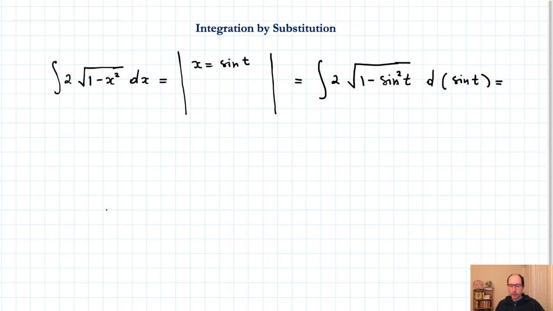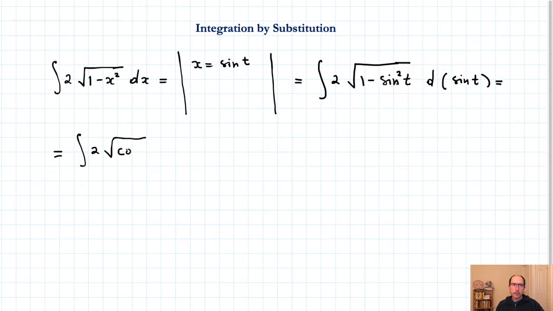And this is where you will begin seeing why this substitution is potentially a good idea. By the familiar trigonometric identity, 1 minus sine squared t is equal to cosine squared t.